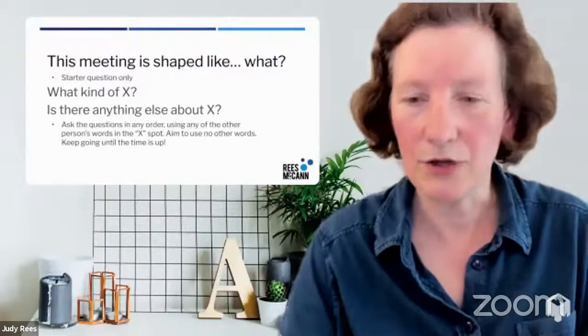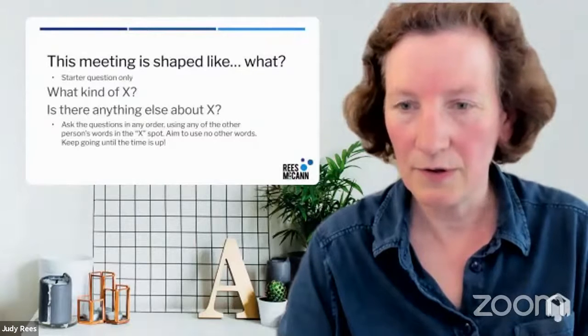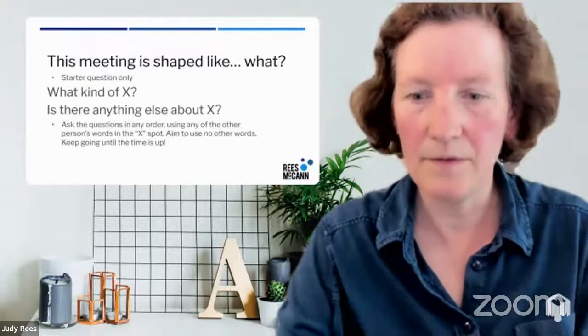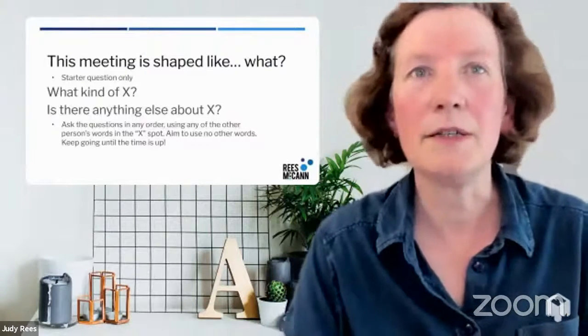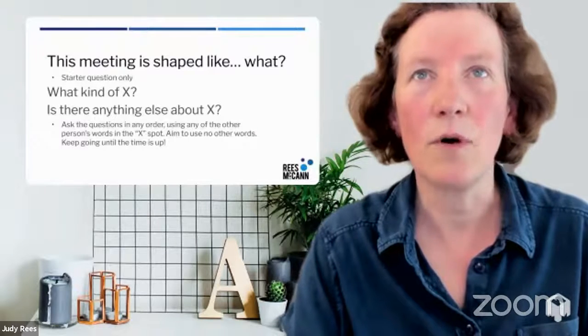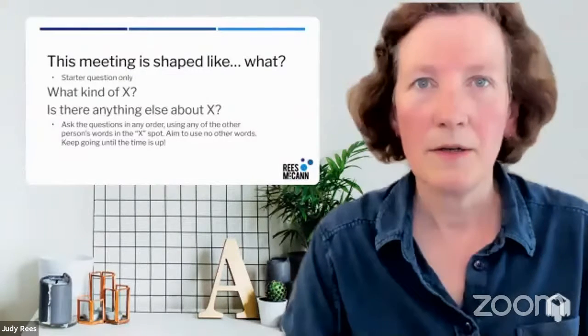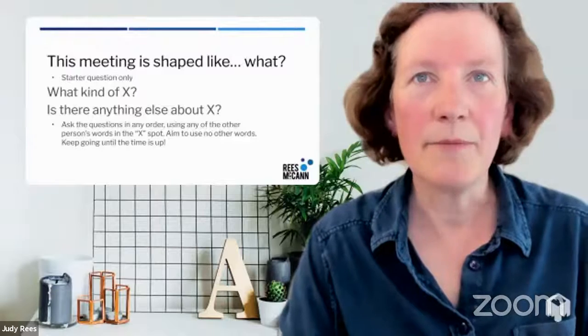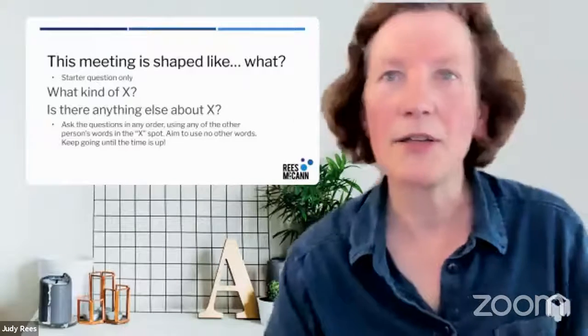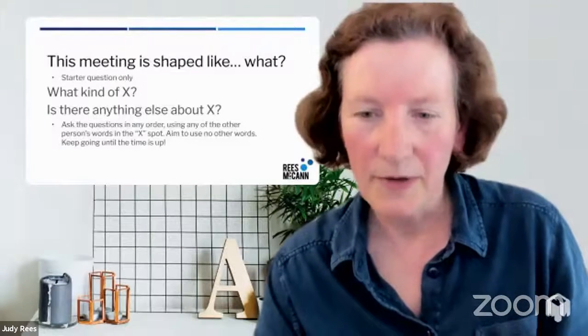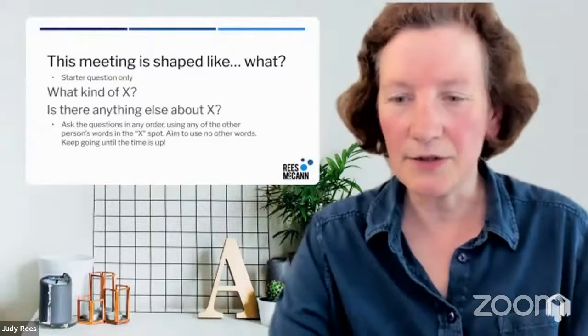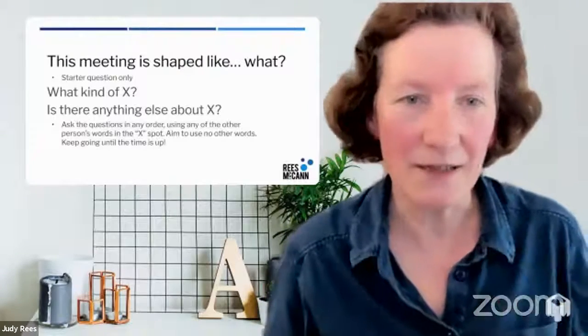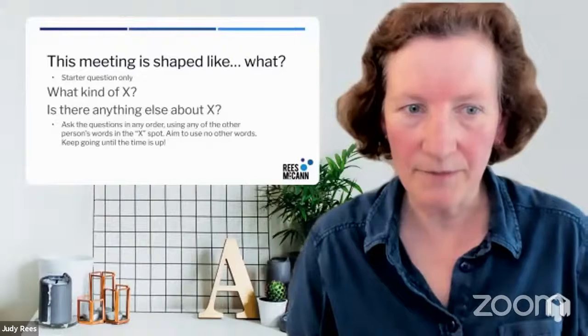And these instructions are on slide 4. So the simple process that you're going to go through in your breakout rooms is you take it in turns to be the question asker and the question answerer.